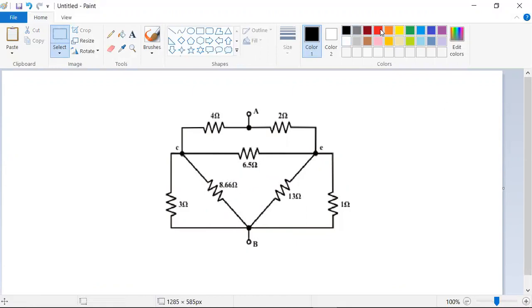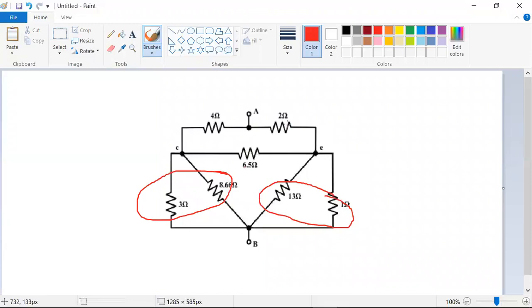Again, these two are parallel. What about this and this, 6.5 and 2? I'm going to redraw it like this.